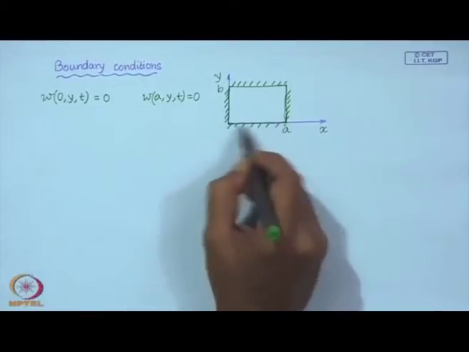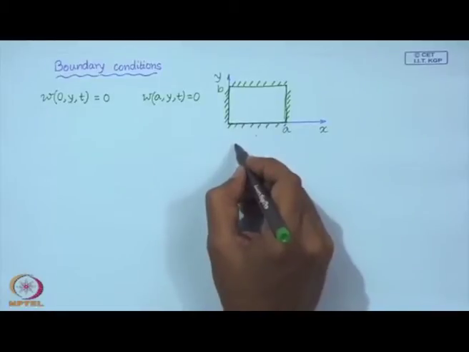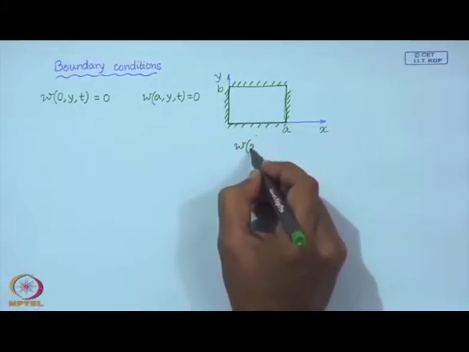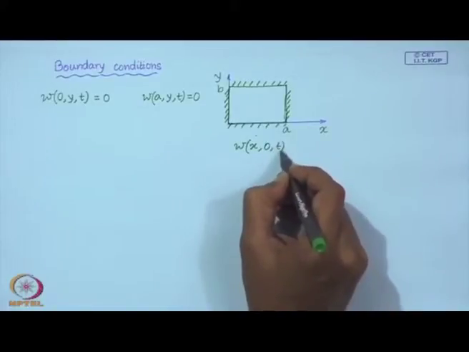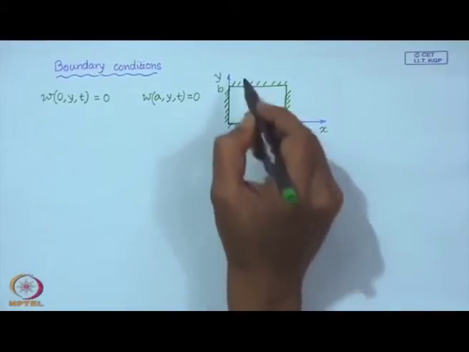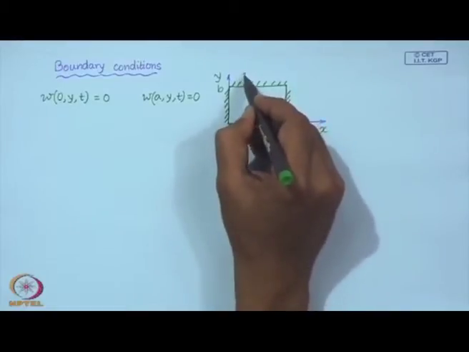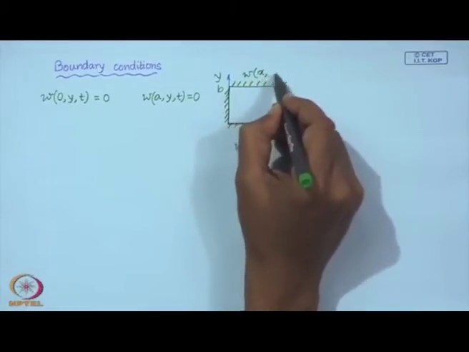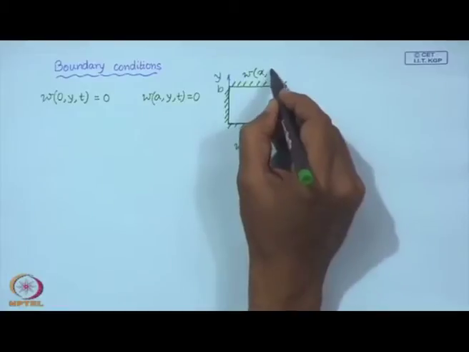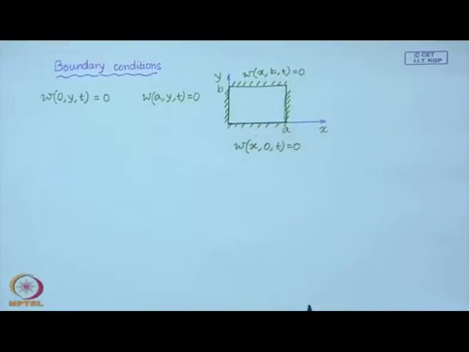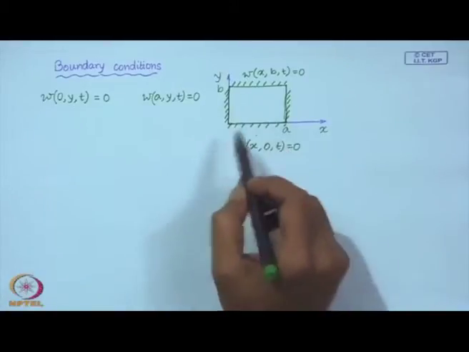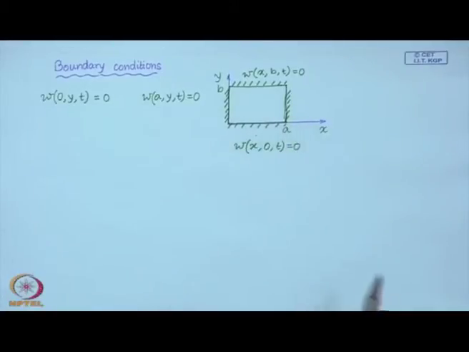On this edge, for all of x and y equal to 0, this must be 0, and on this edge as well. So, when the edges are fixed, then you have 0 displacement.